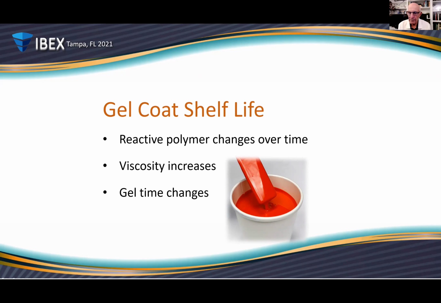The way the inhibitor works is that the inhibitor is sacrificial. When one of the free radicals is created, the inhibitor reacts with that free radical, and to put it in some kind of terms, both of them die. The free radical and the molecule of inhibitor both die, and nothing happens in the material. Well, as the shelf life progresses, there is less inhibitor to eat up these free radicals.